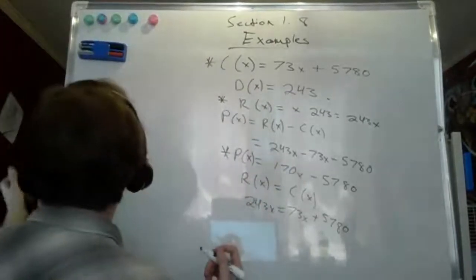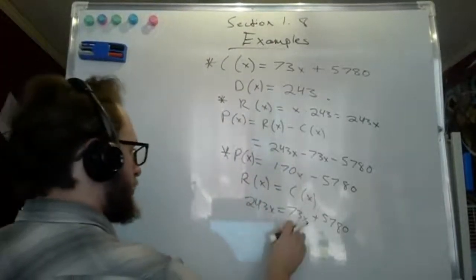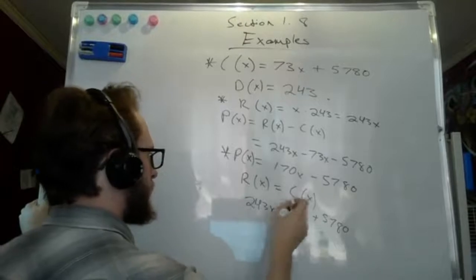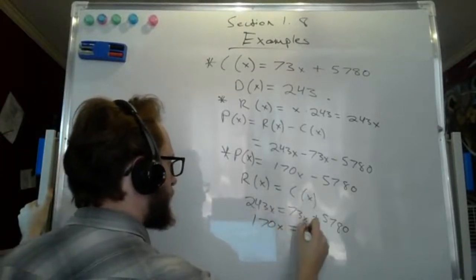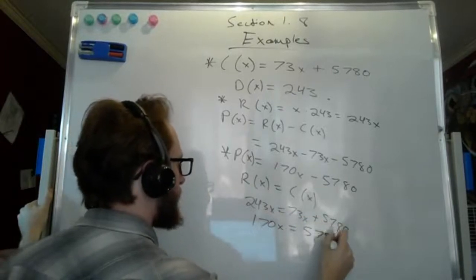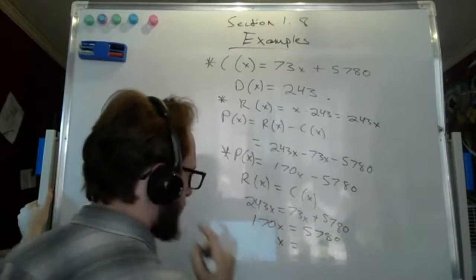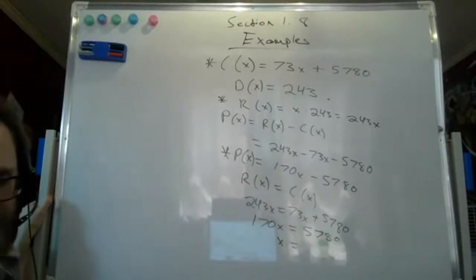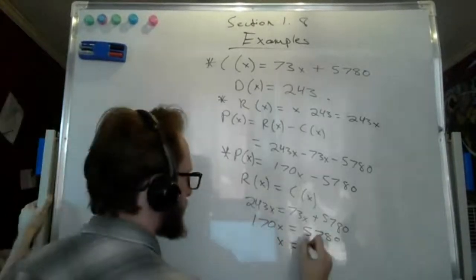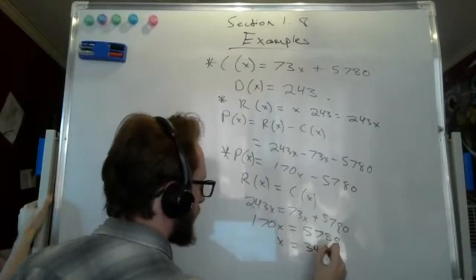So now all we've got to do is solve for x. This isn't too bad. We'll subtract 73x over. We're going to get that 170x is equal to 5,780. We're going to take 5,780 and divide it by 170 to get a final answer of 34.